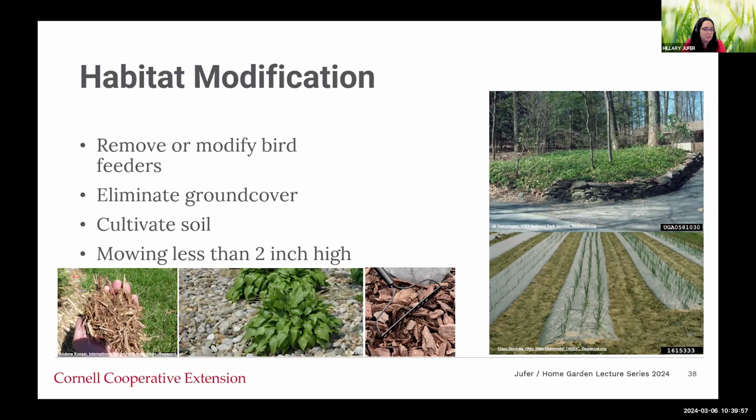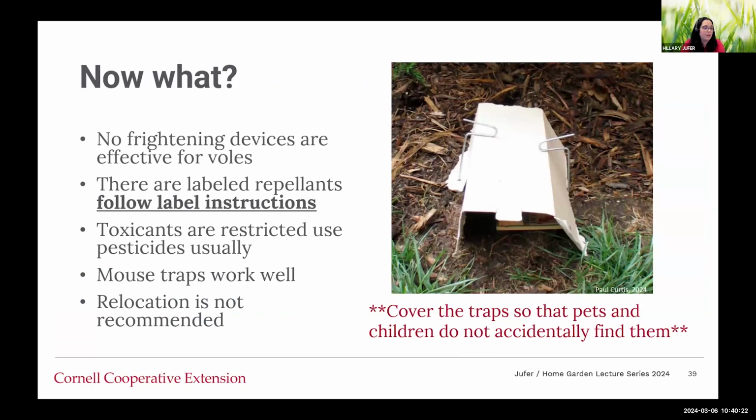The only mulches that they are not gonna go through are large chunks of pine bark or stone. So if you have a problem with them, they can tunnel under shredded pine bark, so don't use that. Stone works well, and the large pine bark. So just something to look out for if you do have them.